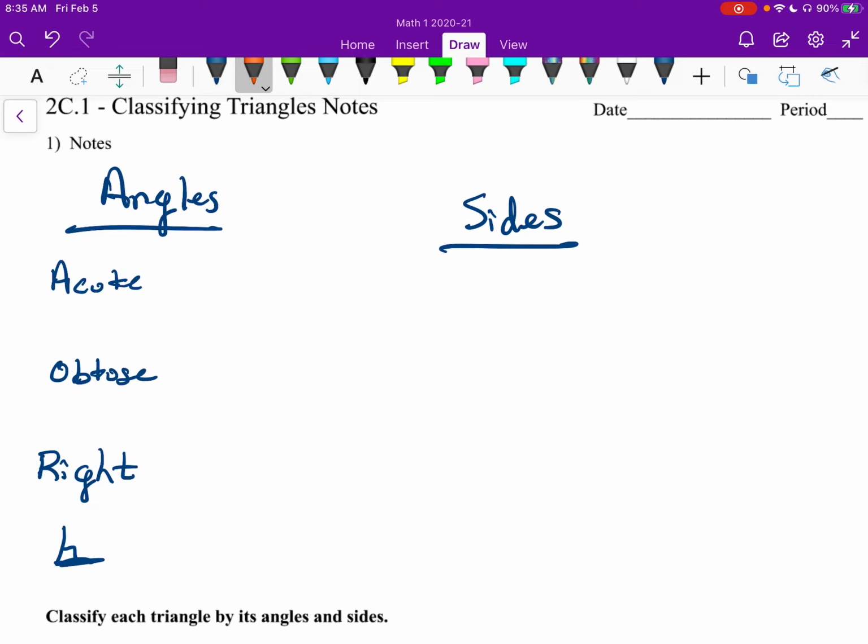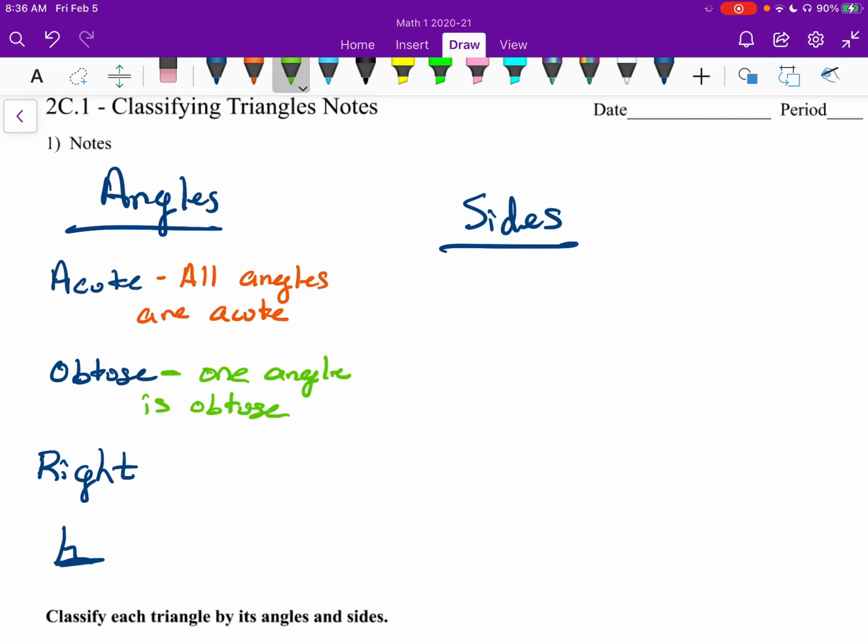An acute triangle, all angles are acute. All three, excuse me. And then for an obtuse triangle, one angle is obtuse.